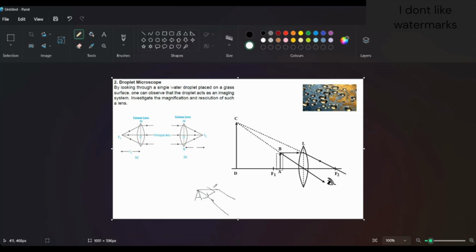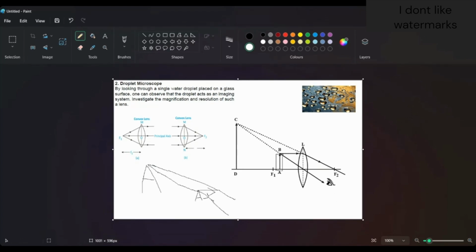If you trace these back, sorry for the terrible drawing, it forms a bigger A. So this is essentially why the water droplet acts as a convex lens on the glass surface and magnifies whatever's beneath the water droplet. So yeah.